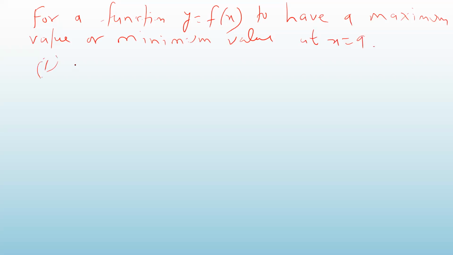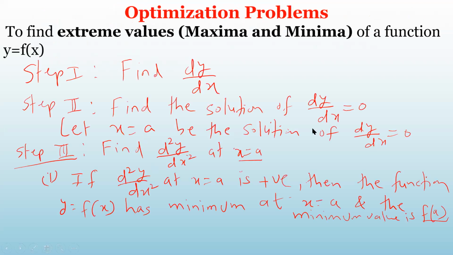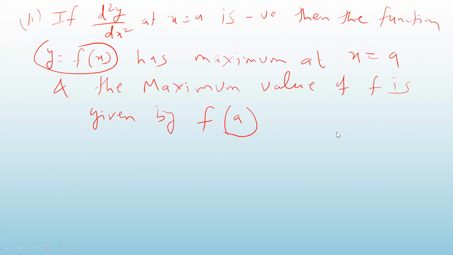The first condition is that at that point the derivative of the function should be 0. That is what we have seen in the first step. What is this point x equal to a? It is the solution of the equation dy/dx equal to 0. That means at that point the first order derivative should be 0.